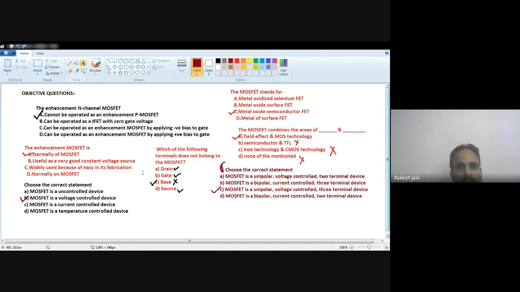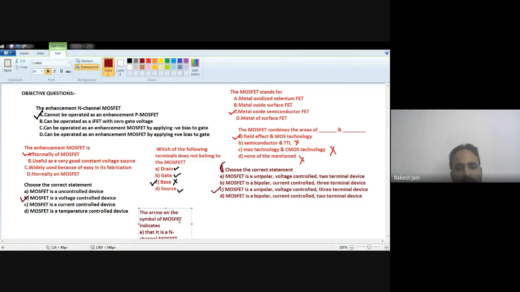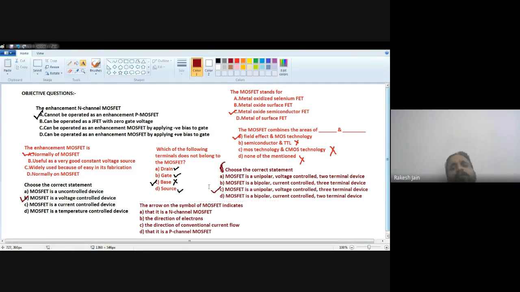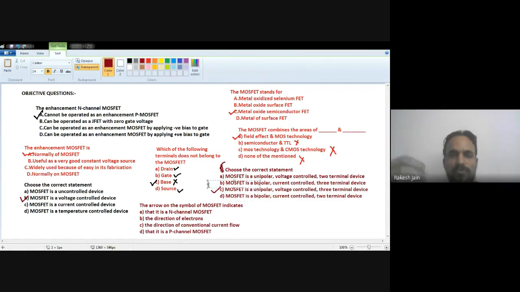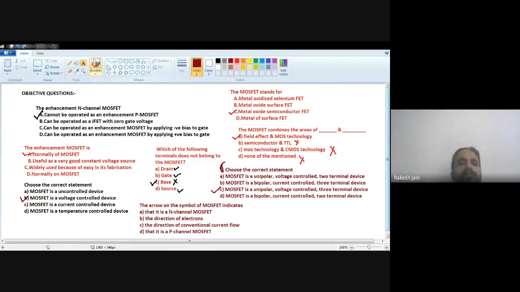So now see this next objective question. See the arrow of the symbol of the MOSFET. In the N channel MOSFET or P channel MOSFET, either depletion enhancement or enhancement only MOSFET, we have already noticed that there is a sign of arrow. So the question is, what is the meaning of that arrow?